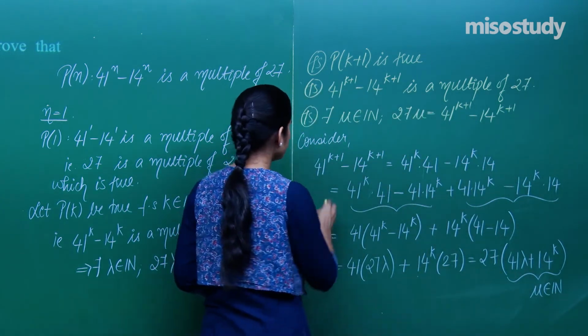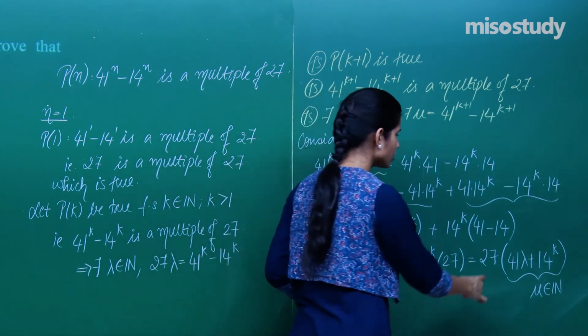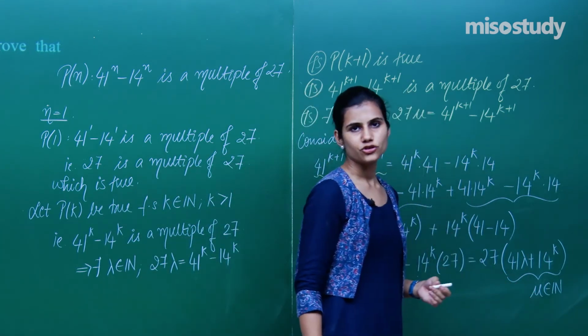You have been able to write 41 to the power k plus 1 minus 14 to the power k plus 1 as 27 into some natural number.